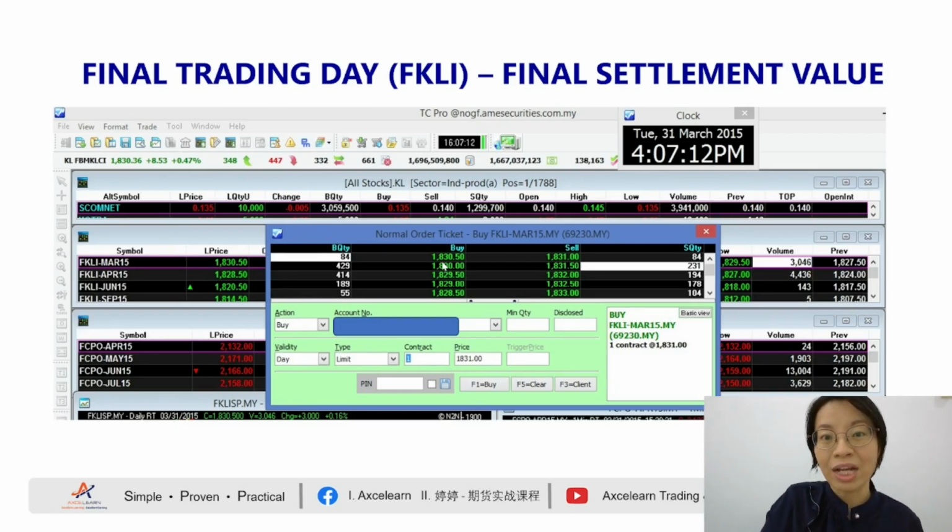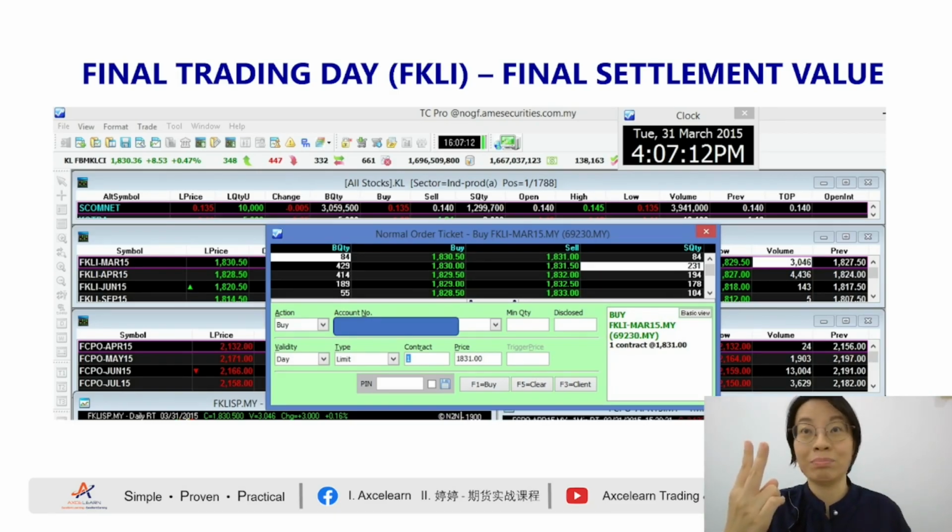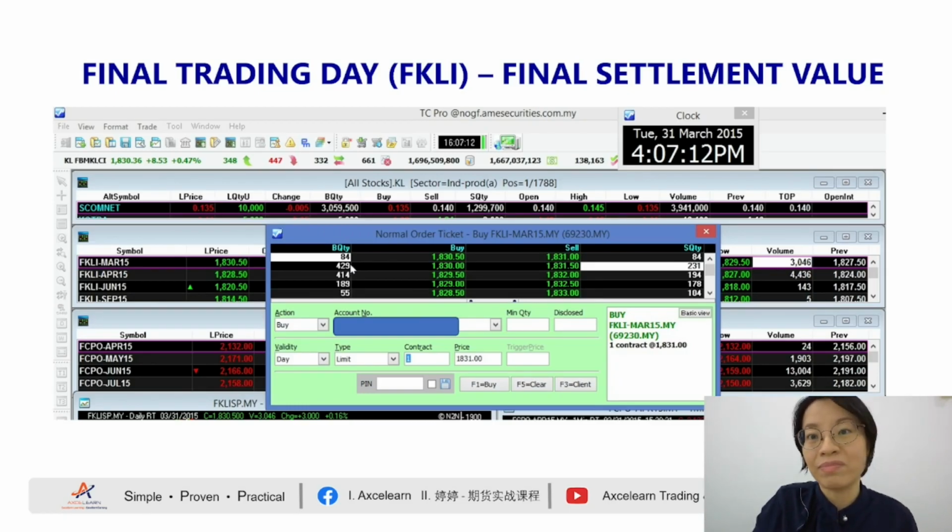That's why you can see that in the last 1 hour, the market buying quantity and selling quantity is huge. Because normally you're going to see a single digit or double digit. Double digit is considered huge already. But in this last 1 hour, you're going to see more than 100 contracts buying and selling. Because many of them are trading in this last 1 hour.